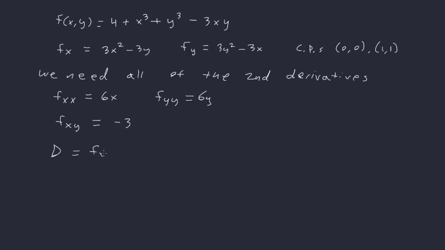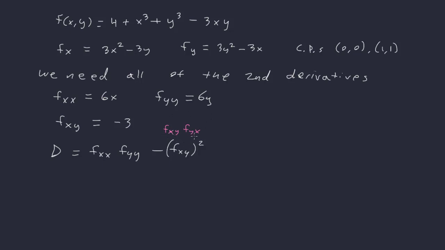So our testing function D is f sub xx times f sub yy minus f sub xy squared. Now, if you have trouble remembering this, just remember that it takes care of all the possibilities. It doesn't quite look like it here, but we have this second derivative, so the matching ones, and then this is actually f sub xy times f sub yx.